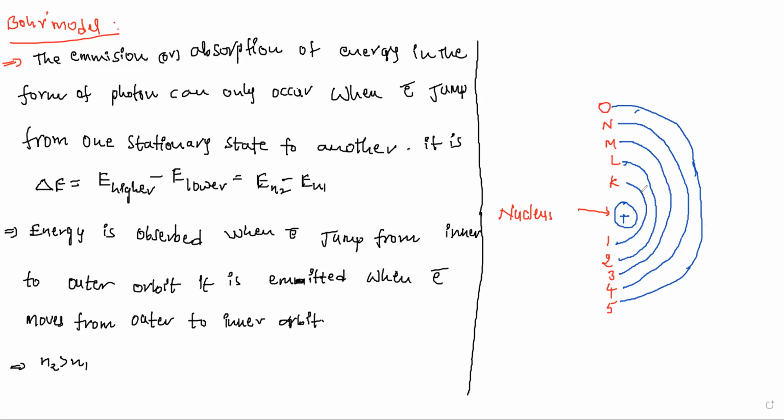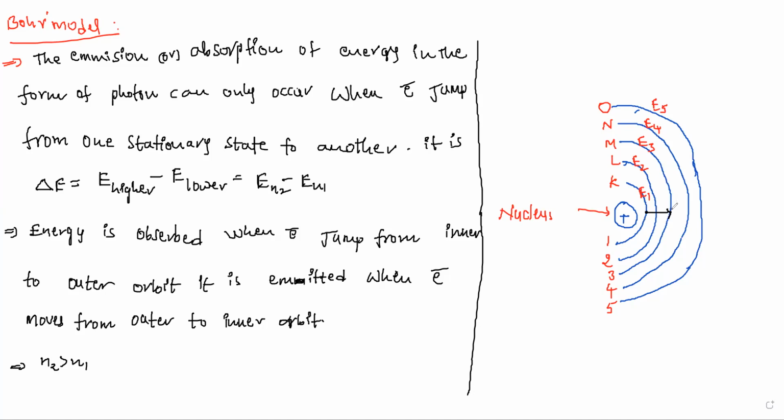The energy level of the K shell is E1, the L shell E2, the M shell E3, the N shell E4, and the O shell E5. Did you understand? Simply, when the electron absorbs energy, it jumps from a lower energy level to a higher energy level.